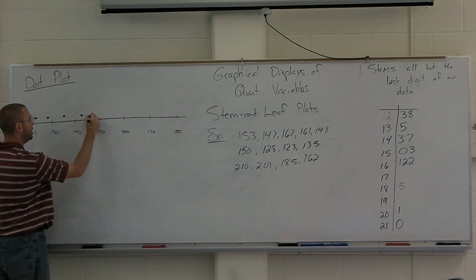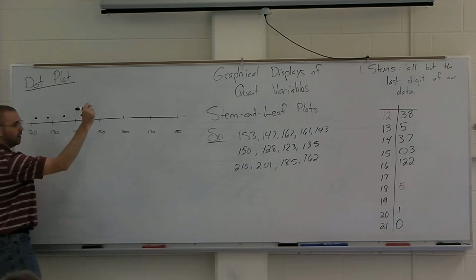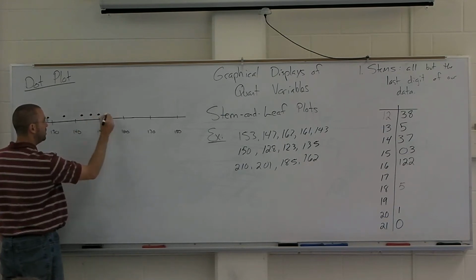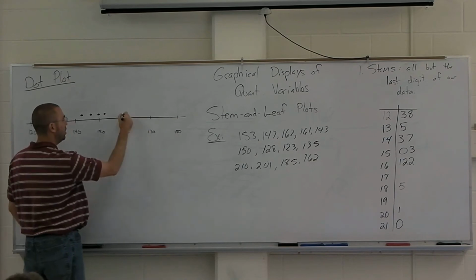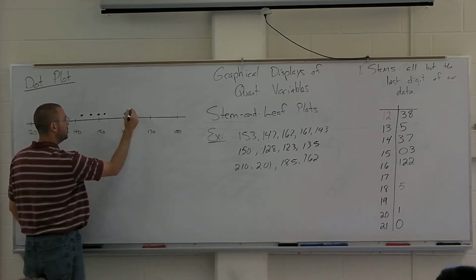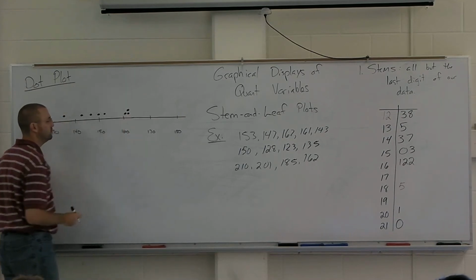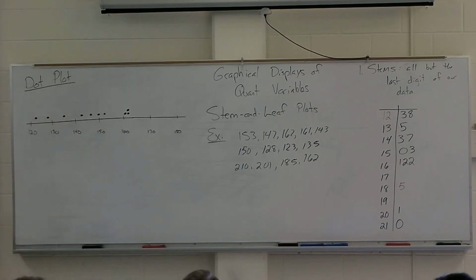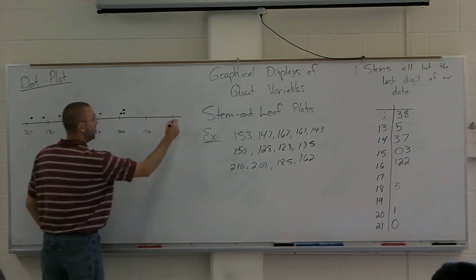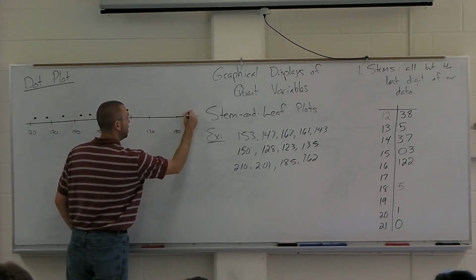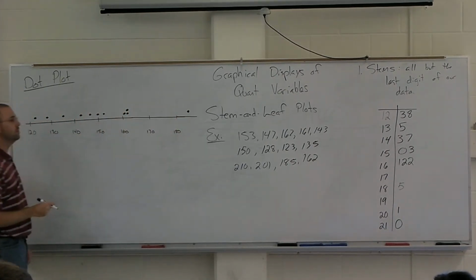Another one at 147, right about there. A 150, a 153, a 161, two at 162. So I'm going to stack the dots on top of each other at that point, and then continue on in the same fashion. I have one over here at 185, and we'll stop there.